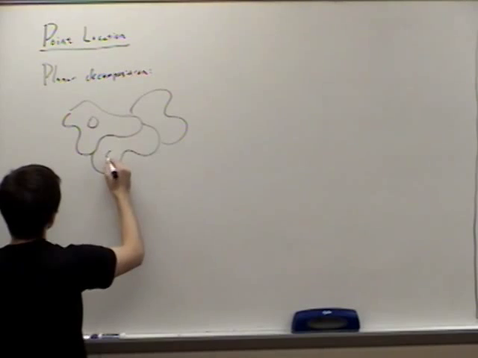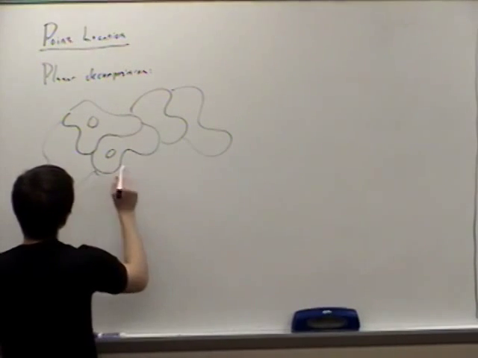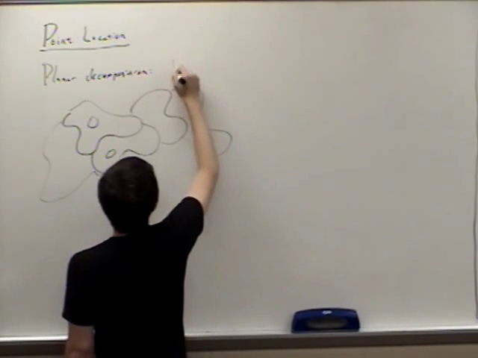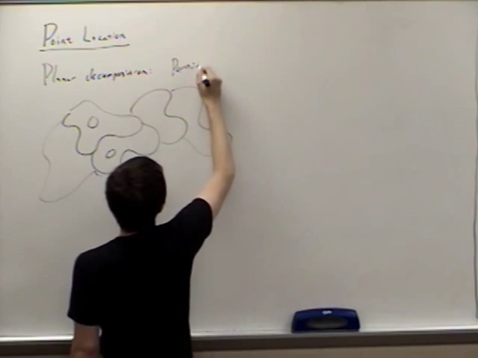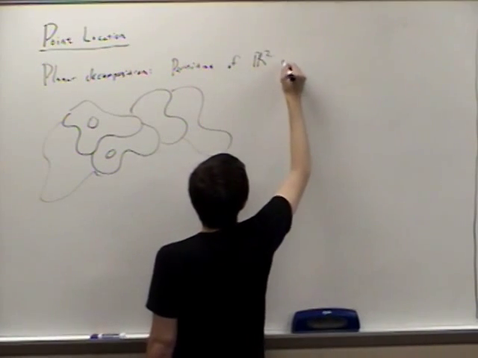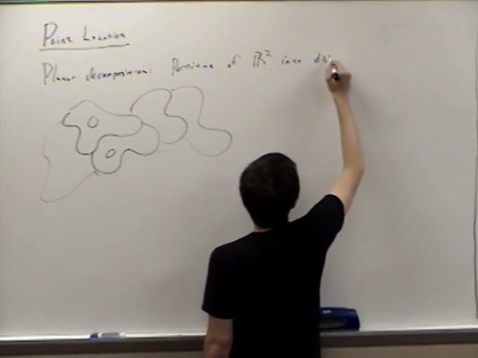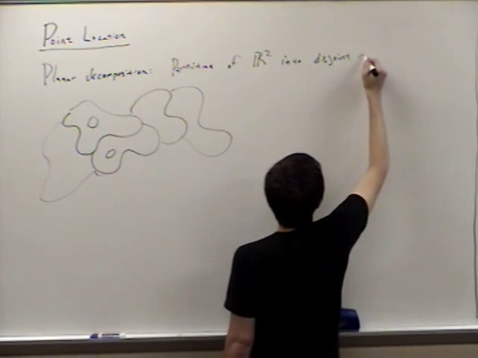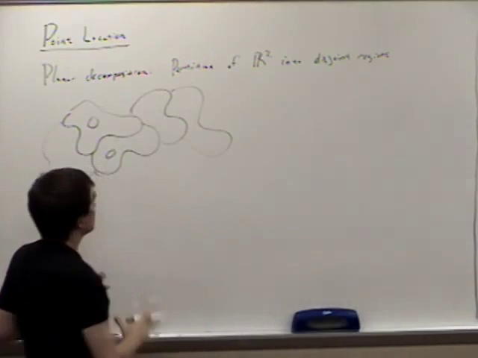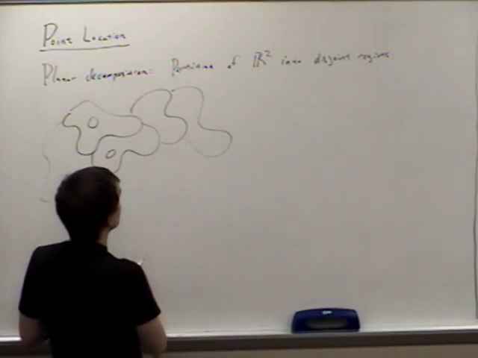They could even have holes inside them. Something like this. So we have some crazy partition of the plane, R2, into disjoint regions. And then the boundary of each of these regions is going to be some polyline. So it's just going to be a collection of line segments.